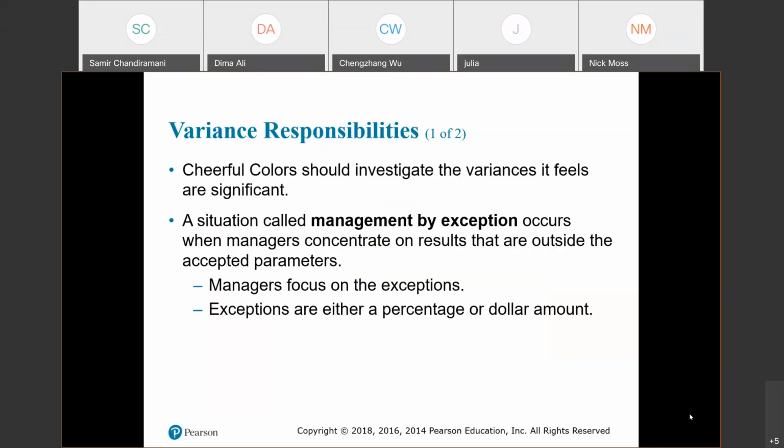So in this example company, the Careful Colors company, the standard is that the managers want to investigate any variances greater than $5,000.